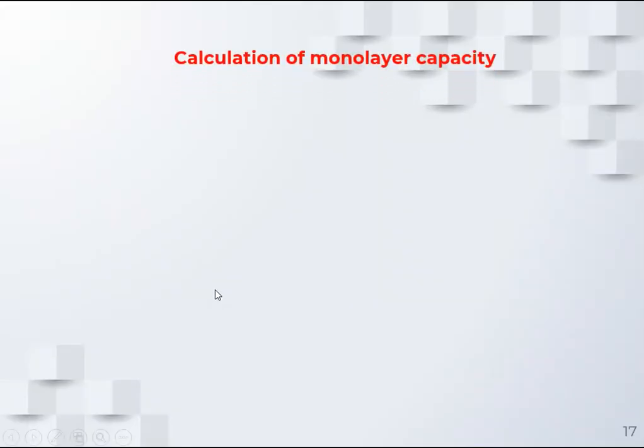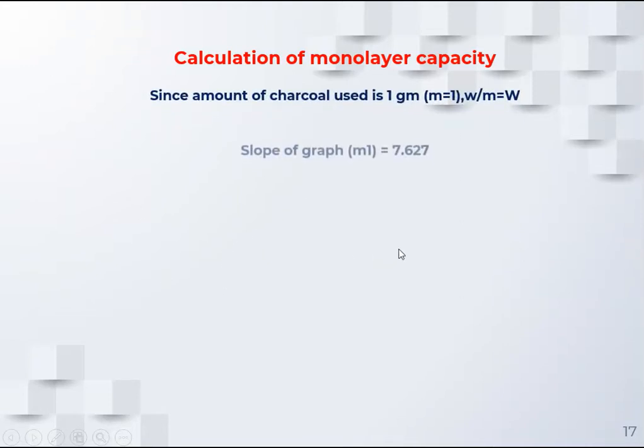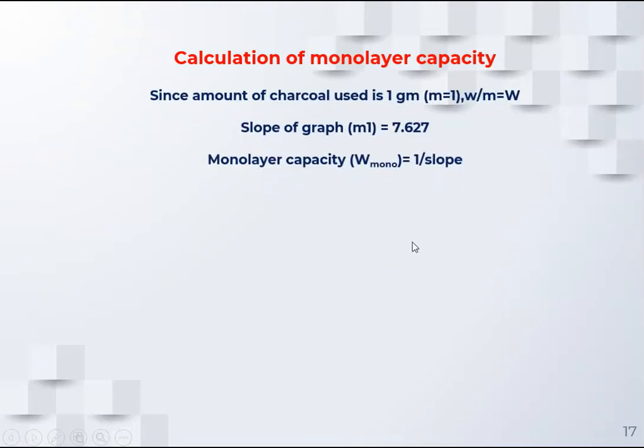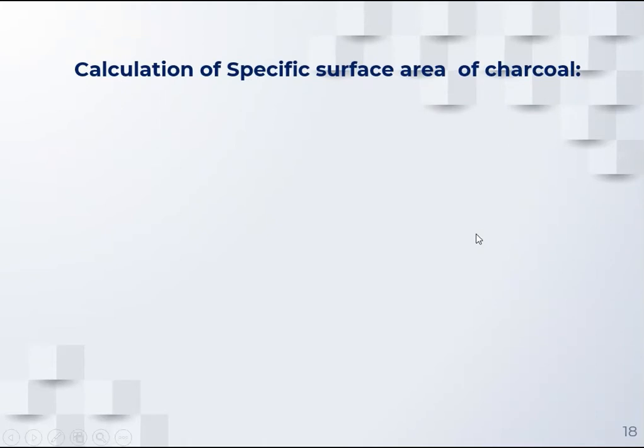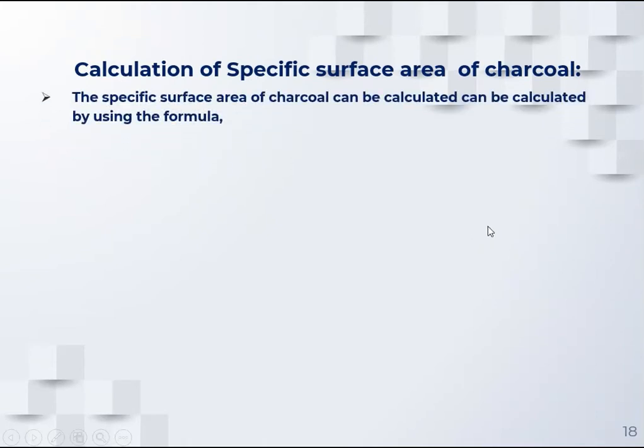Then the formula for the determination of monolayer capacity is equal to 1 upon slope. Now we know the slope is 7.627. So the monolayer capacity of activated charcoal is 0.1311.